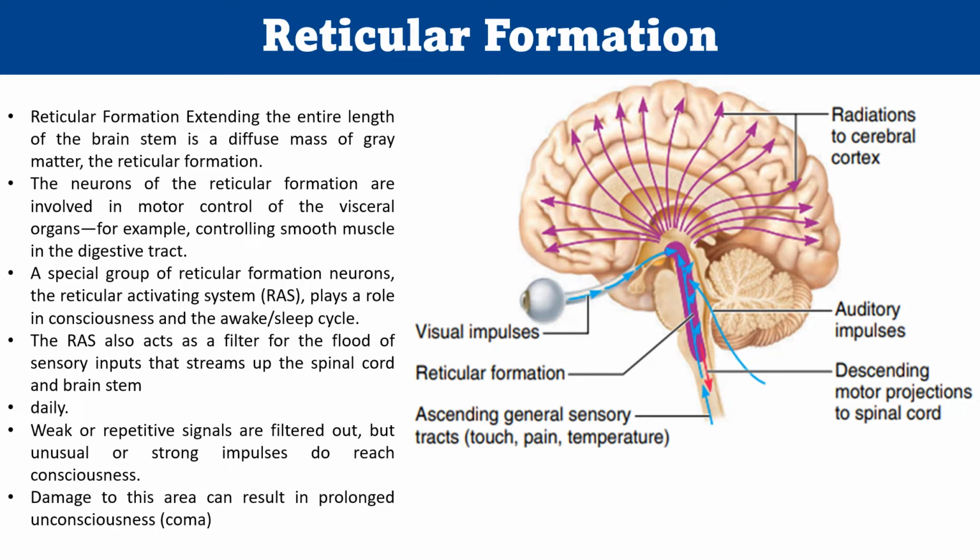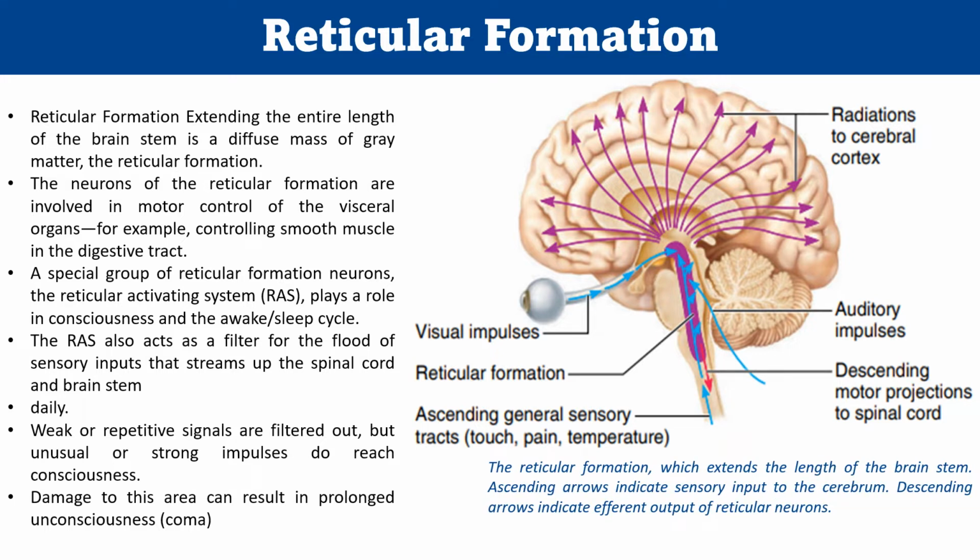Damage to this area can result in prolonged unconsciousness, also known as coma. In the figure, you can see the reticular formation which extends the length of the brain stem. Ascending arrows indicate sensory input to the cerebrum. Descending arrows indicate the efferent output of the reticular neurons.